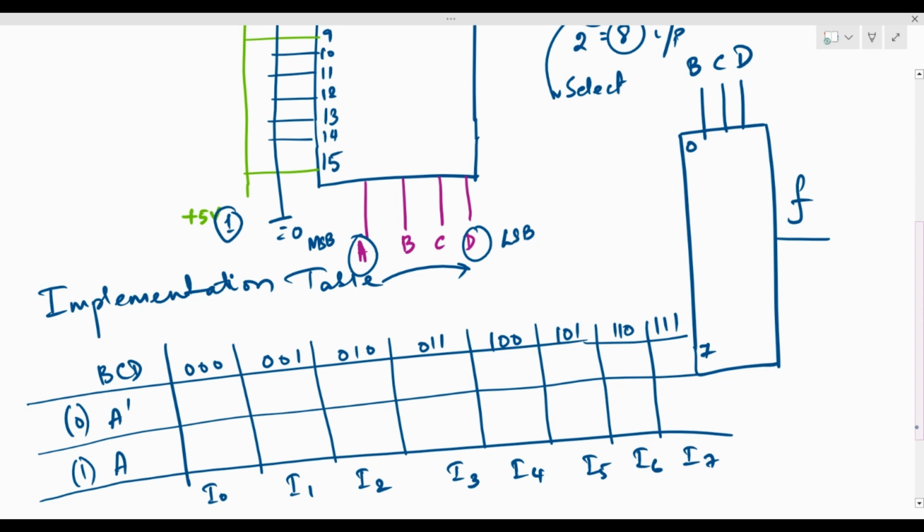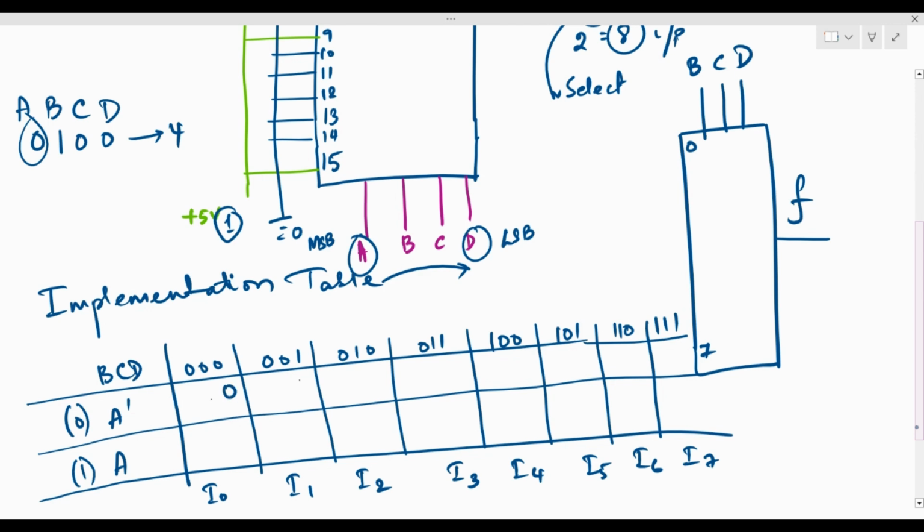So when I say 0100, for example, it literally means that A is 0, B is 1, C is 0, and D is 0. So this corresponds to the number 4. This is how we have to read the number and fill these boxes. So here we have, this box is 0000.